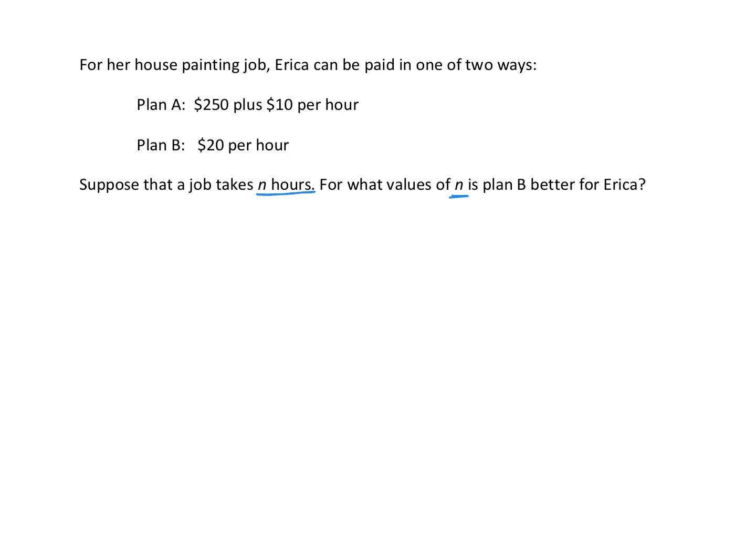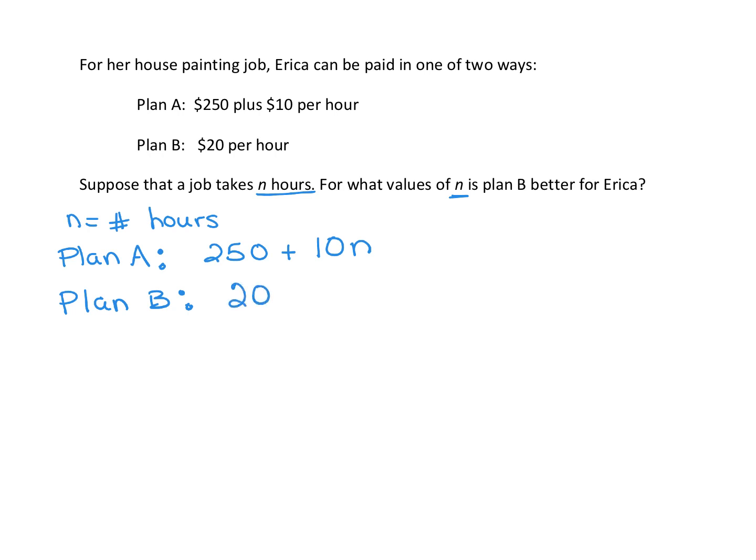So we've already got this, N equals the number of hours, but I'm going to write it down anyway. And let's take a look at plan A and plan B and represent those algebraically. So plan A is $250 plus $10 for every hour, so 10 times N. And plan B is just going to be $20 times N. We want to know, when is plan B better?